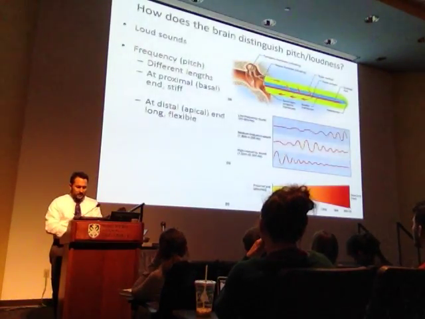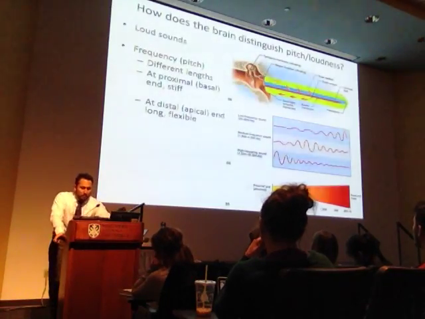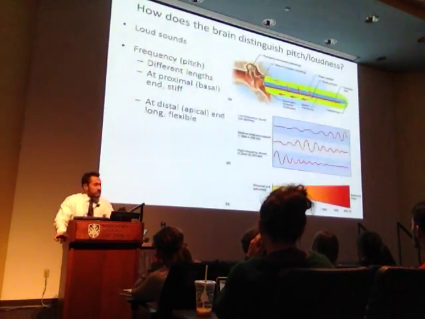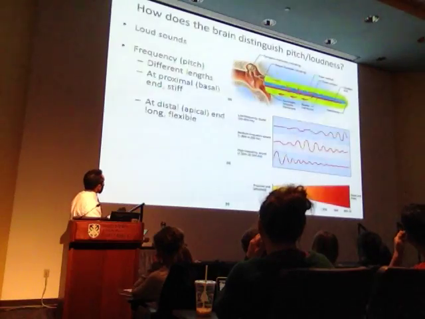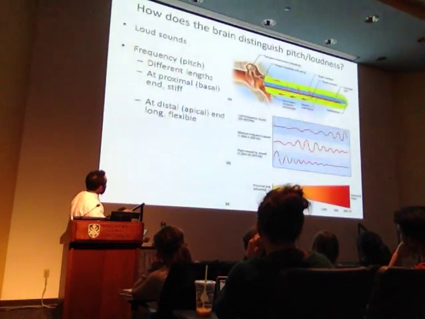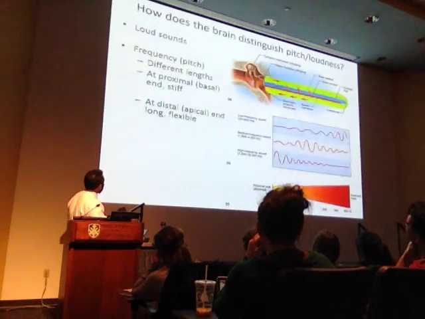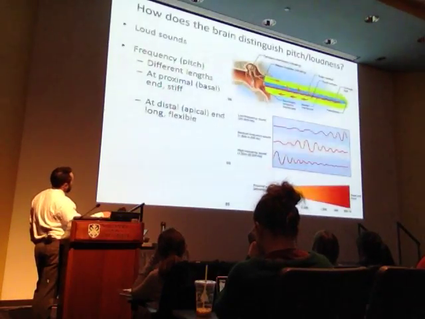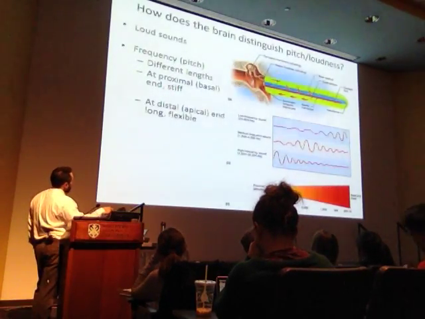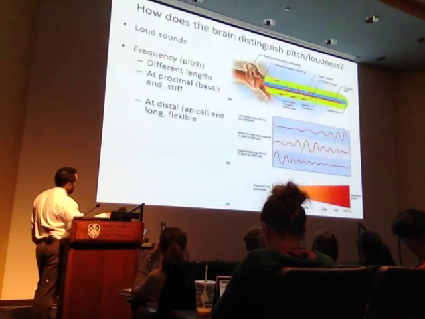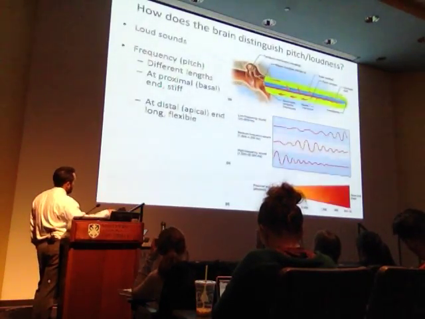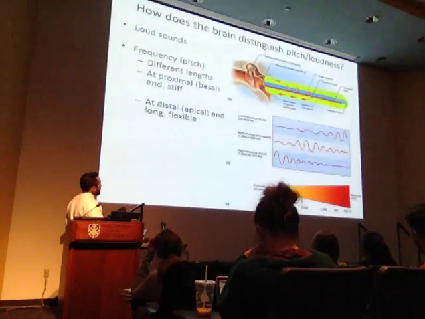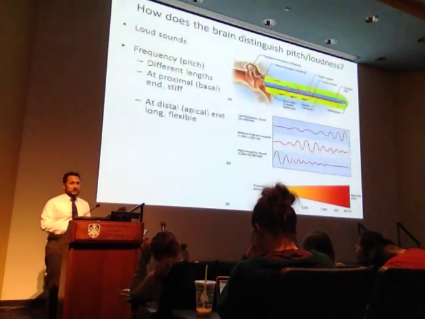The proximal or basal end is nearest to our oval window, and these are our high frequency sounds. The distal end, further away, is our low frequency sounds. You can see the hertz, 20 to 800 on the low frequency, and then 7,000 to 20,000 on the high frequency. That's about the range of human hearing, 20 hertz to 20,000 hertz.